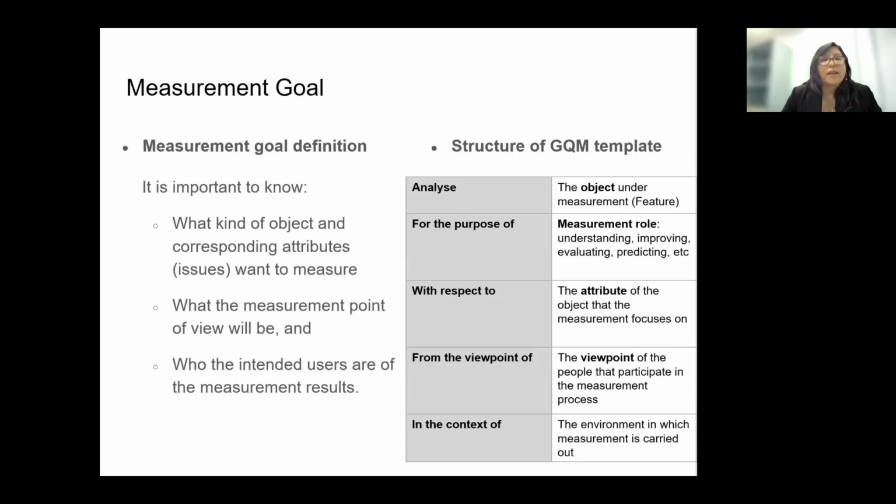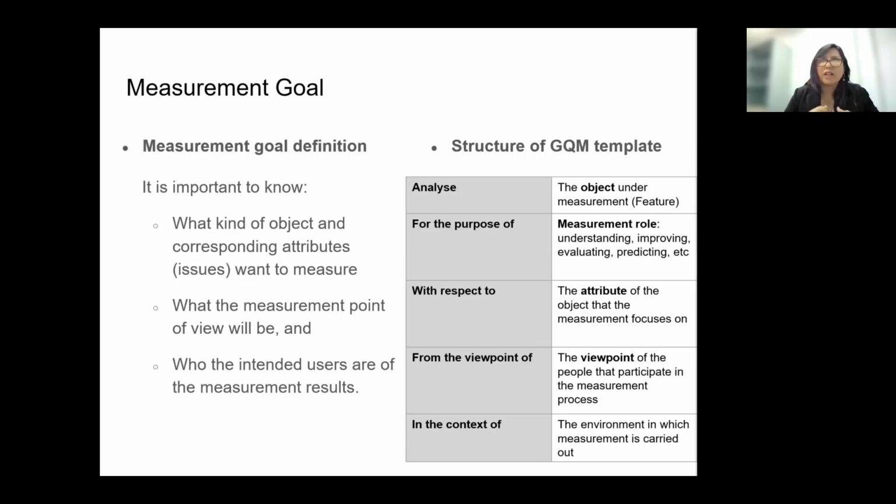The object that is measured corresponds to analyze. So what we analyze is the object under measurement. What is the purpose of the measurement? We have to say what the measurement role is.